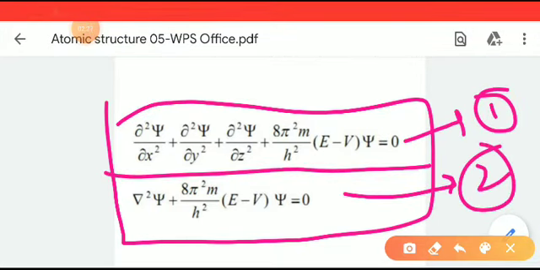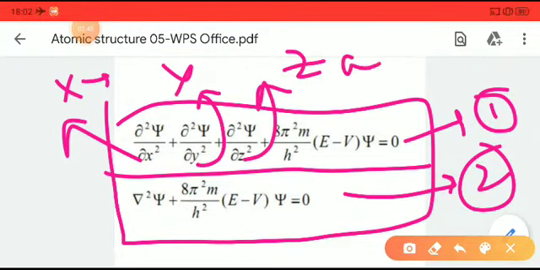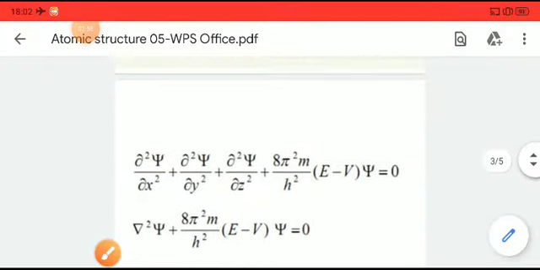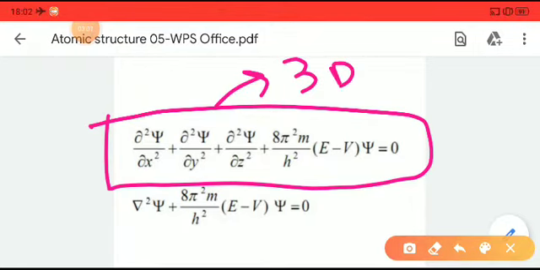Here all the dimensions have been included. Here del square psi by del x square, x means the x axis, y represents the y axis and z represents the z axis. So all three axes are present. So this equation is a three-dimensional equation.